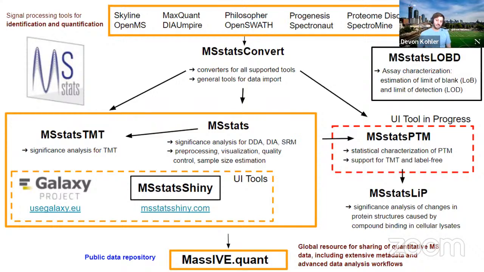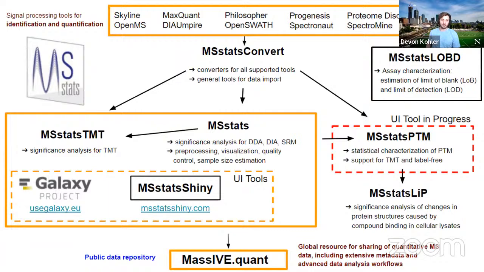And lastly, on this slide, we have the public data repository Massive Quant. So we have integrated MSstats into Massive Quant, so if you have an experiment with some sort of quantitative analysis, you can go in and see not only the R code for the entire workflow, but also the different steps.